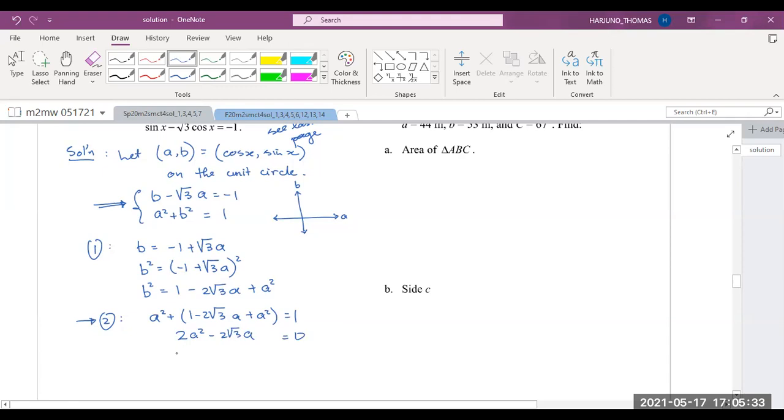I can divide by 2, but let me factor 2a out, so I get a times a minus radical 3 equals 0. So either a equals 0 or a equals radical 3.